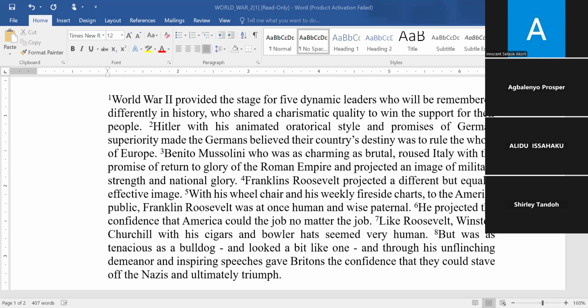Do you think sentence two is major or minor? Do you think sentence three is a topic sentence, major, or minor? So there are only three things you will do here. Either the sentence can be a topic sentence, a minor, or a major. One could be a topic sentence, or number two, three, four, five, I don't know which. So there are only three descriptions here: topic sentence, major sentence, minor sentence.